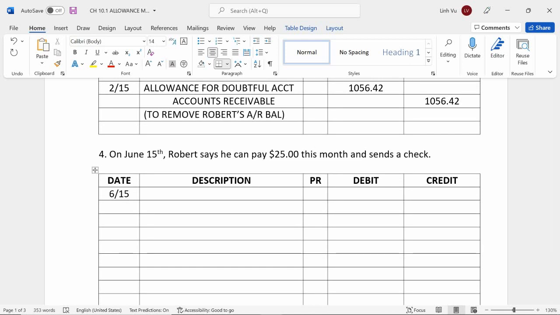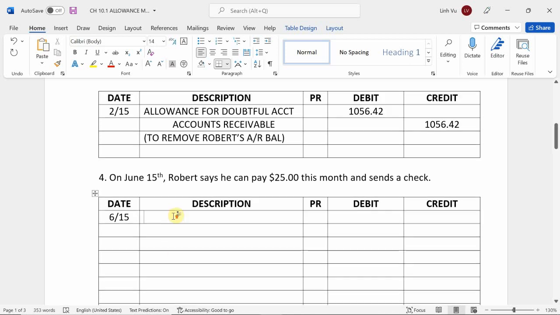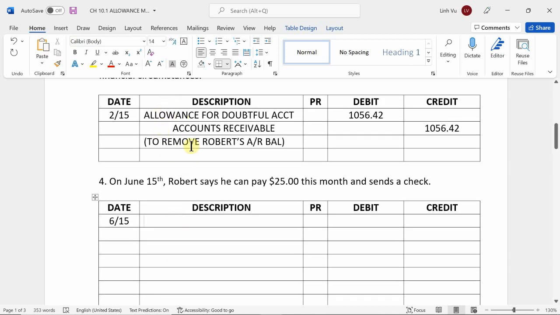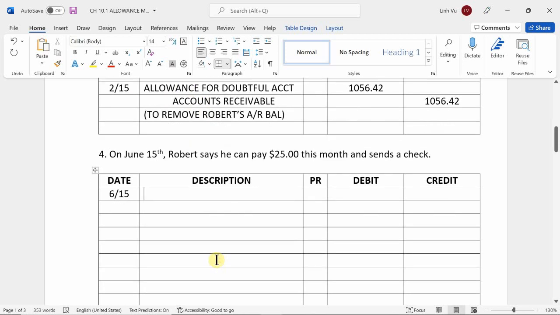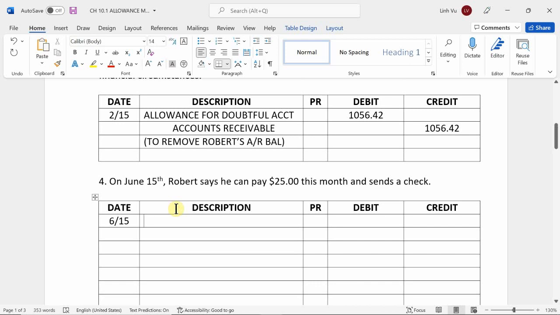If he just paid me and I froze his account, we need to reactivate the account. How do you reactivate the account? If I deactivated him here, how do I undo that? Allowance.